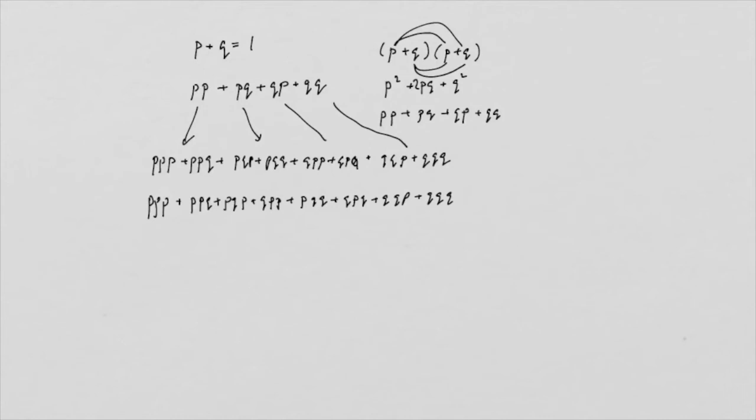And these are exactly the same terms as we would get if we were to multiply (P plus Q) by (P plus Q) by (P plus Q), which is the same as (P plus Q) cubed.